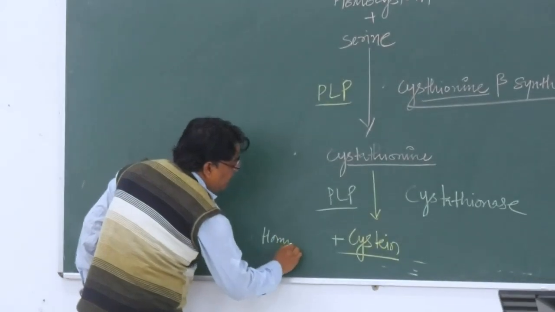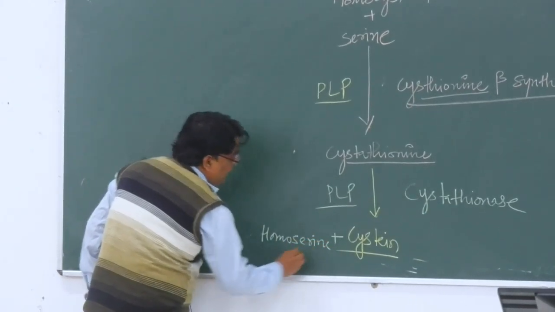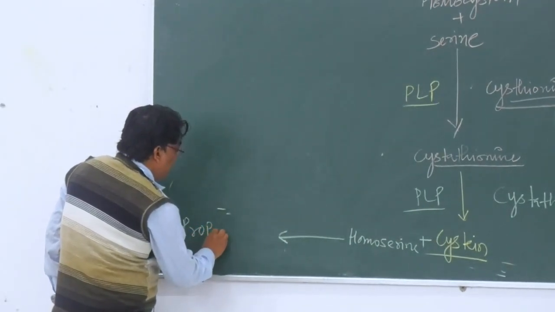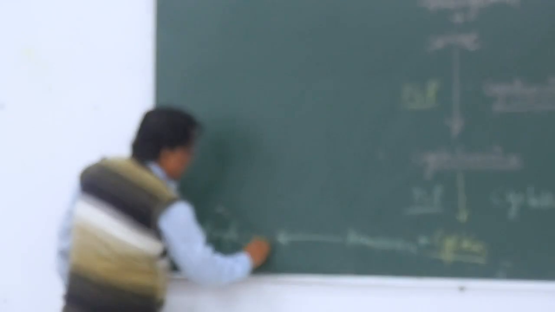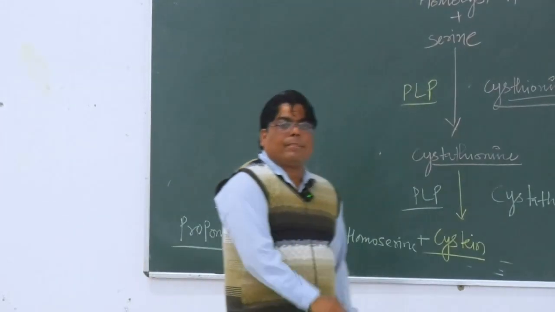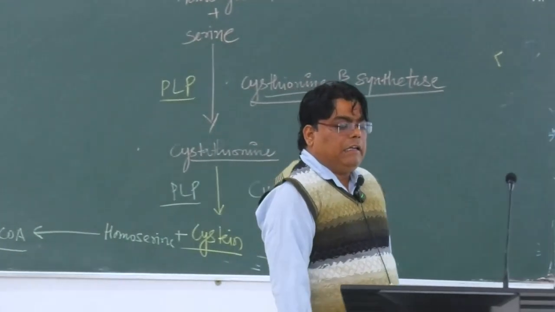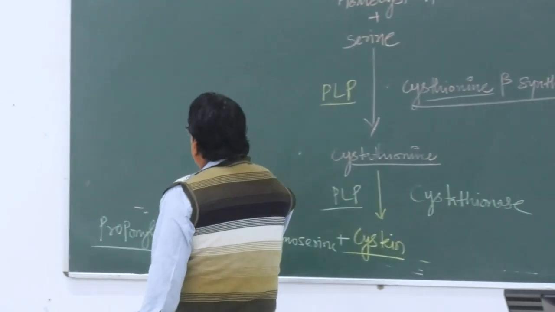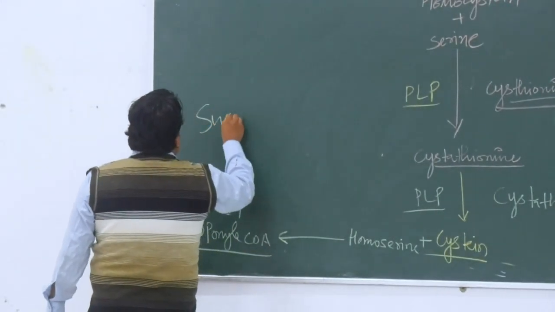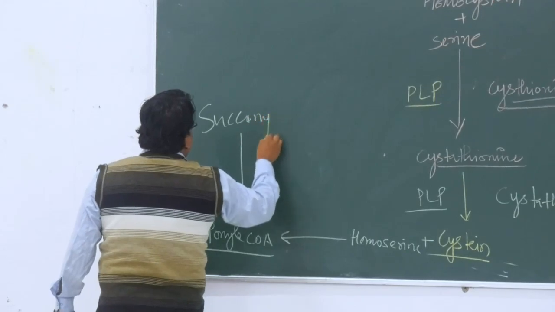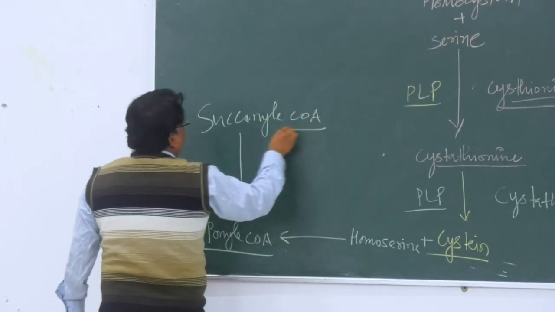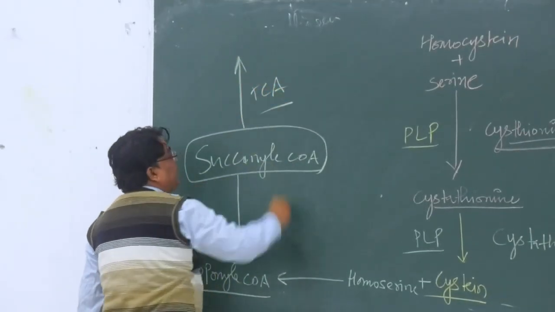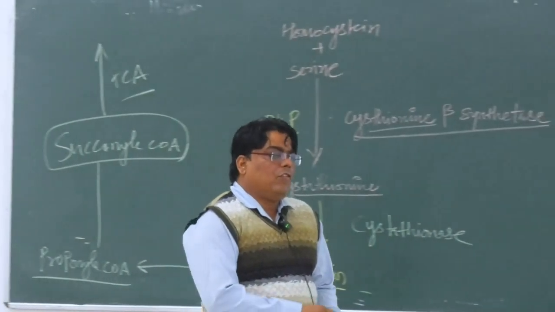Combined with homoserine, it forms propionyl CoA, and this propionyl CoA forms succinyl CoA, and it directly enters the TCA cycle and produces energy.